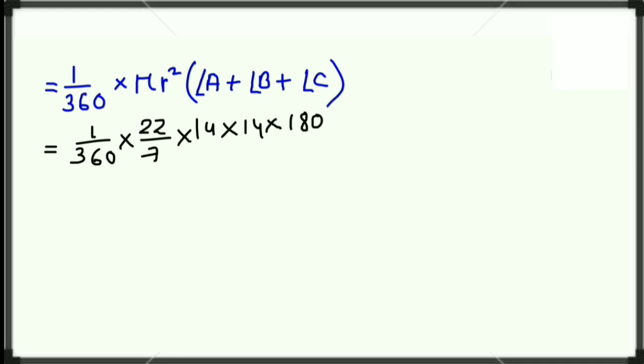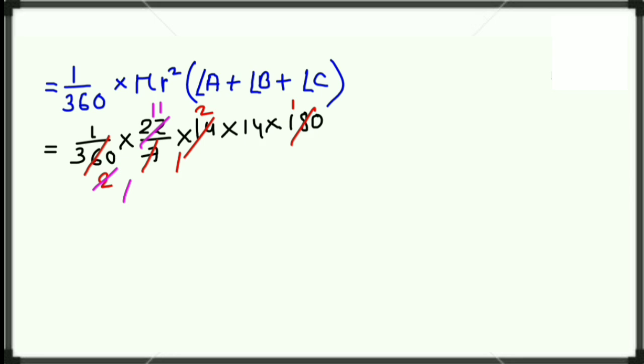180. Now 7 1s are 7, 7 2s are 14. 180 can divide 360 by 2. Again 2 1s are 2, 2 11s are 22.